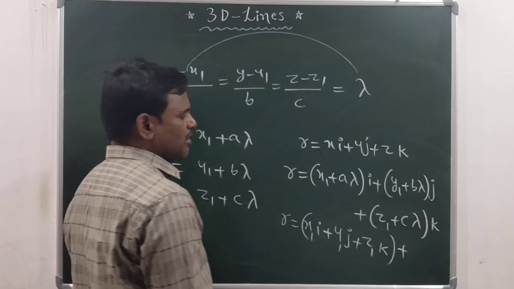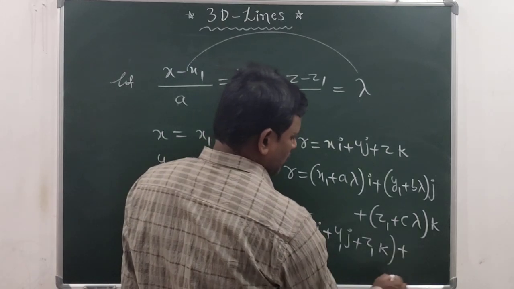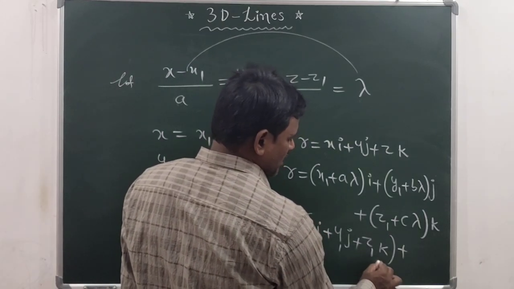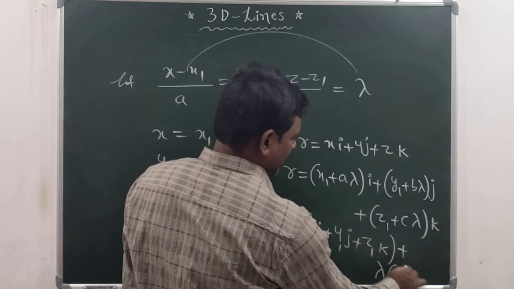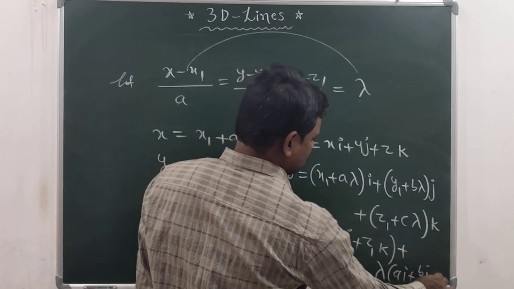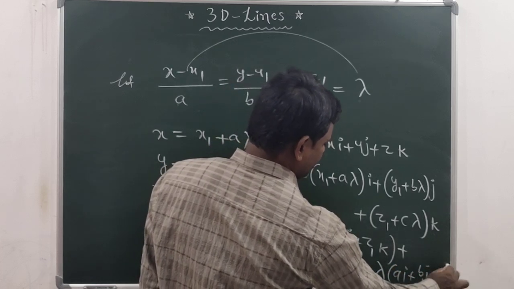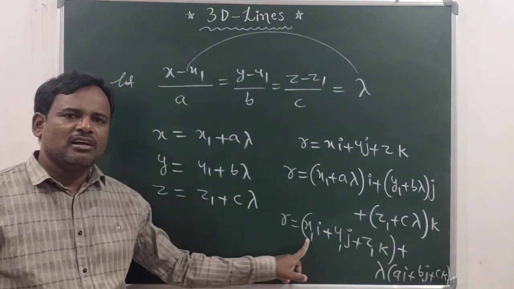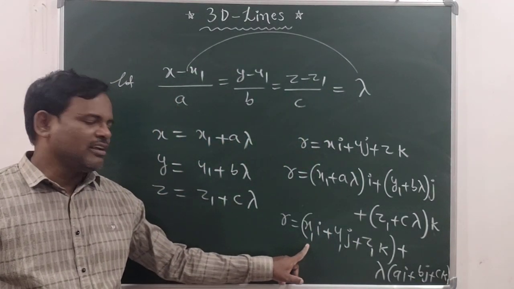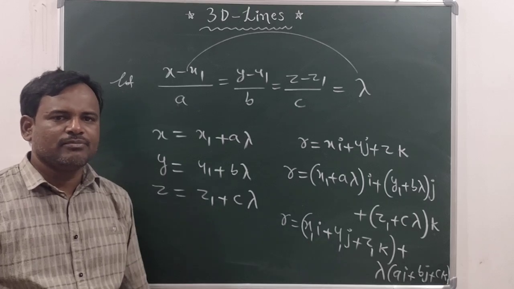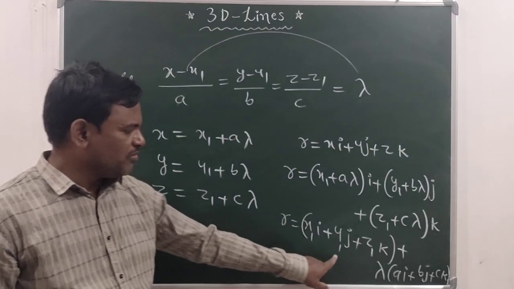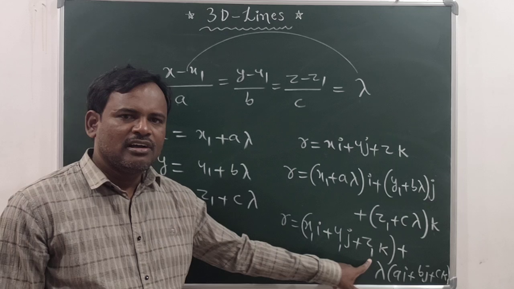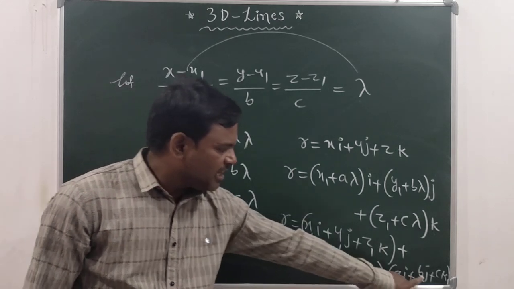So if I take lambda common, what will I get? Lambda into ai plus bj plus ck. Now this is the vector form of a 3D line passing through x1, y1, z1 and whose DRs are a comma b comma c.